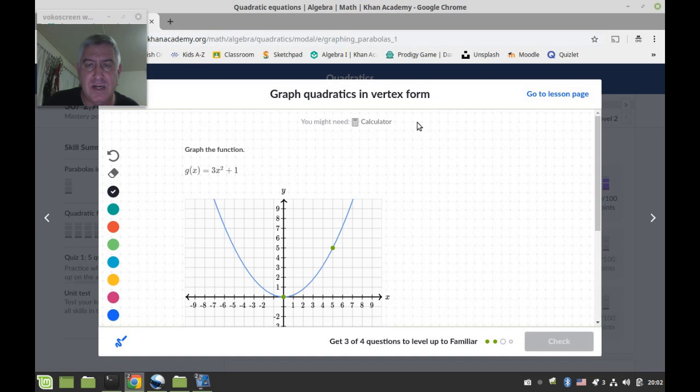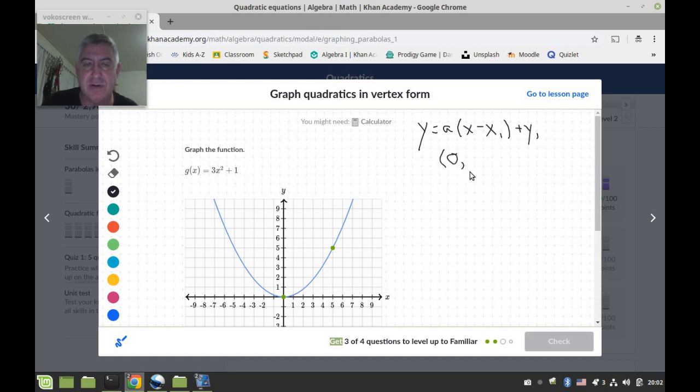So again, I'll write down our vertex form. Y equals a times x minus x1 squared plus y1. So I want to know my vertex, x minus x1. Here I have 0.